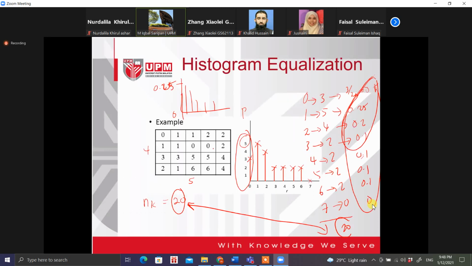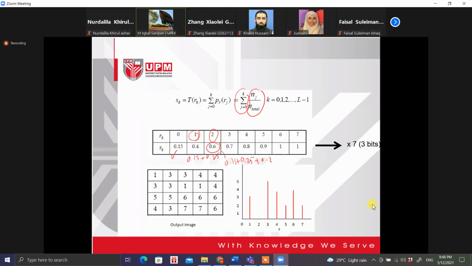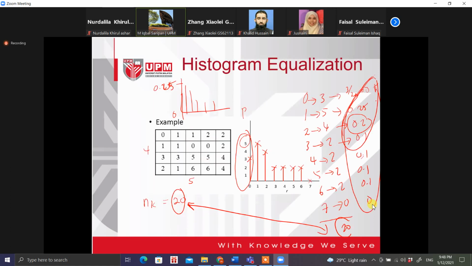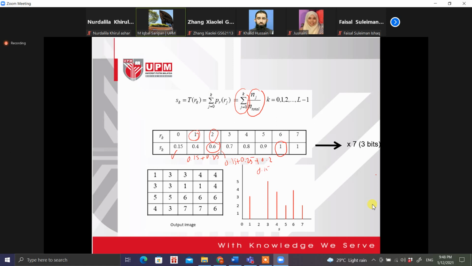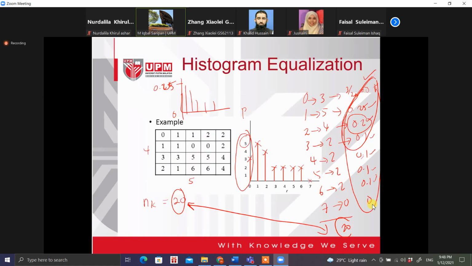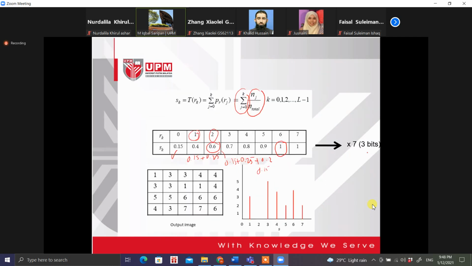So on and so forth, and eventually when you go into 6, this is actually 0.15 plus 0.25 plus 0.2 plus 0.1 plus 0.1 plus 0.1 plus 0.1, then you get 1. And for 7, even though earlier 7 got 0, because we are cumulatively including the previous normalized histogram values, you get 1. So if you want to plot this, this now becomes a cumulative density function graph.